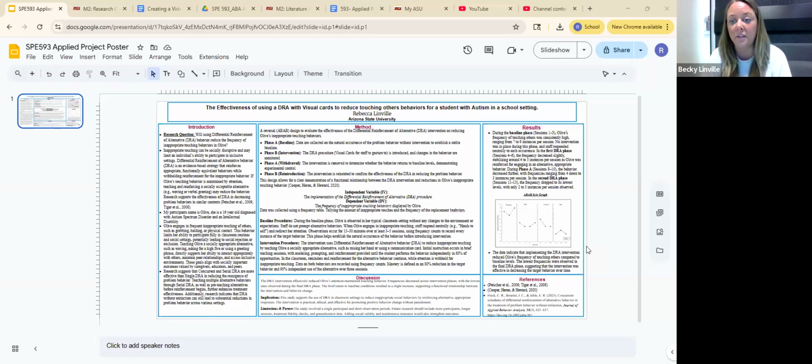So I did a DRA with her, and I did the baseline data. I just went in and took data in her natural environment in classrooms. The sessions were 20 to 30 minutes, and most of them were 20 minutes. I made tally marks on her data sheet, which was a frequency table.